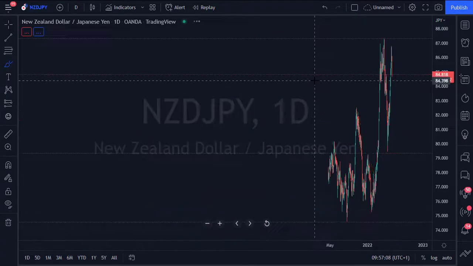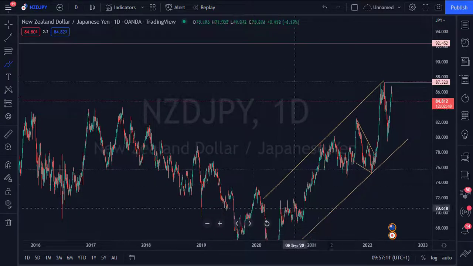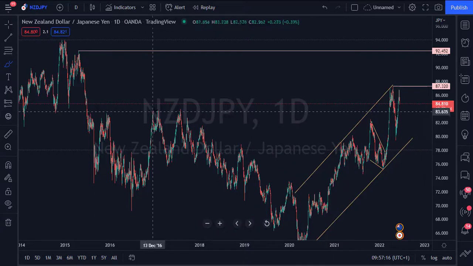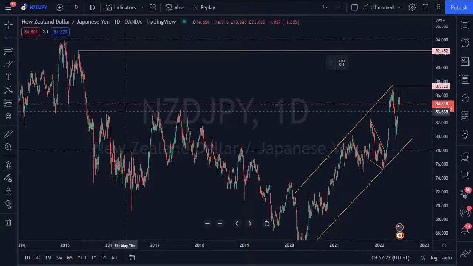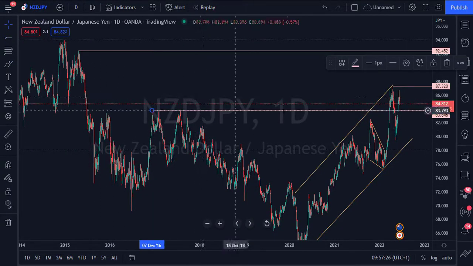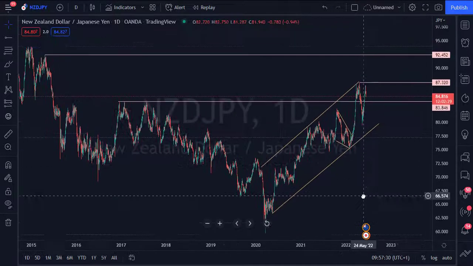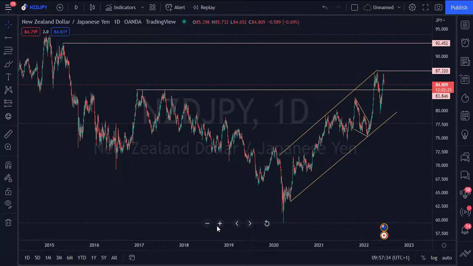So we move on. When we get to NZD JPY, this looks a bit more enticing. If you look here, you see that this could be seen as a double top, because the market stalled at this point for some time and finally broke it. So the market broke that, so that can be seen as a double top, and then the market had this ascending channel, which was pretty good.